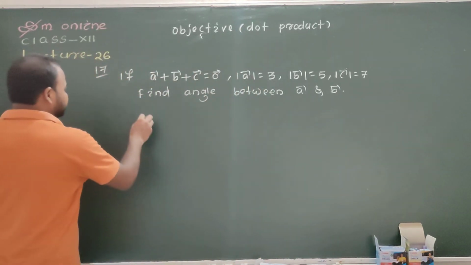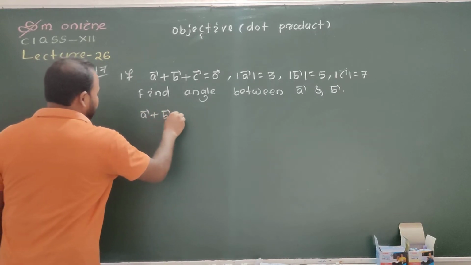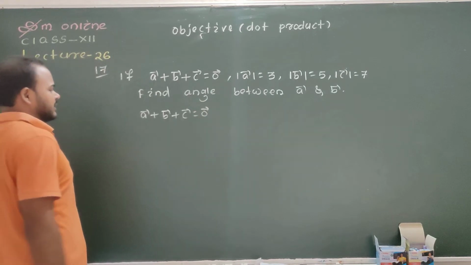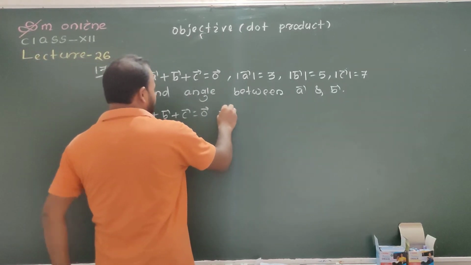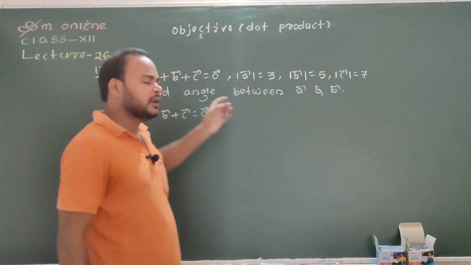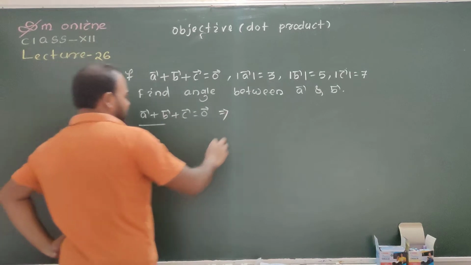So here vector A plus vector B plus vector C equal to 0 vector, and we have to find out the angle between vector A and vector B. So we keep vector A plus vector B on the left hand side.